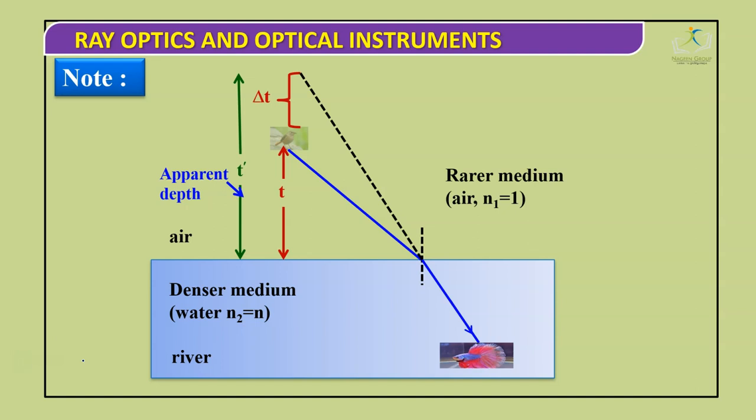So if the fish sees, the fish will assume the bird is at t plus delta t height upside. The fish is thinking that the actual place of this bird is upside, but the bird is actually a little bit down.